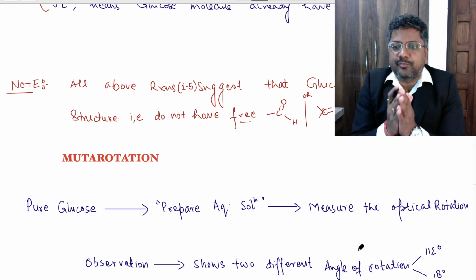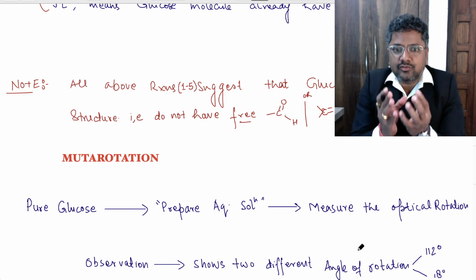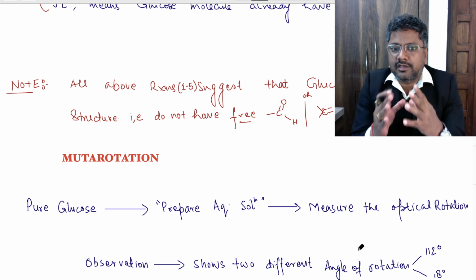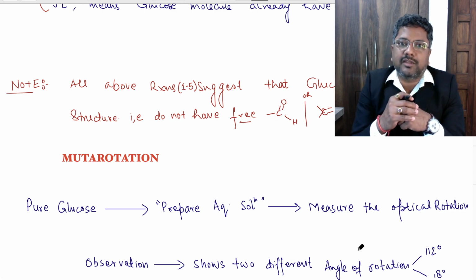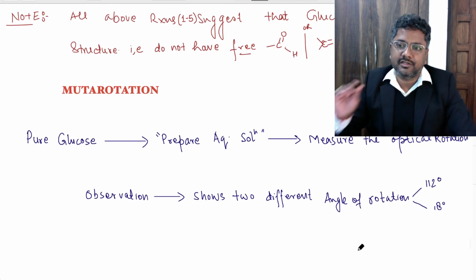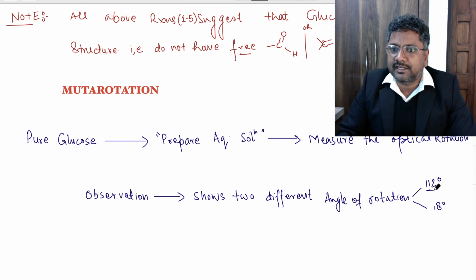So when you prepare a pure glucose aqueous solution and observe its optical activity by polarimeter, you will observe that this freshly prepared solution shows two different angles of rotation.